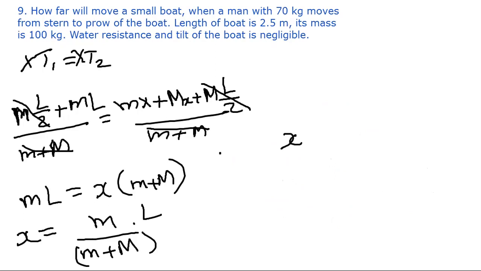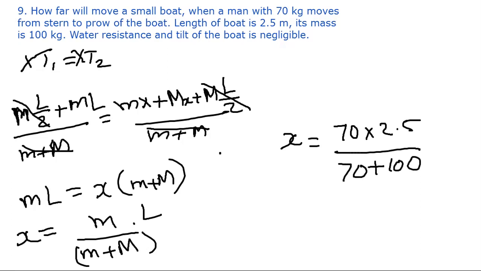So x is equal to mass of the man is 70 kilogram times length of the boat. Length of the boat is 2.5 meters. 2.5 divided by 70 plus 100. So x is equal to 1.03 meters. So the distance moved by the boat when the man walks from one end to the other end is approximately 1.03 meters.